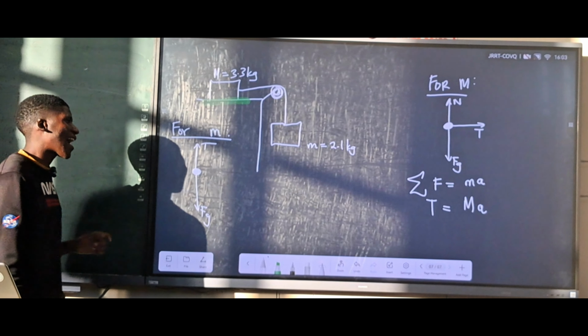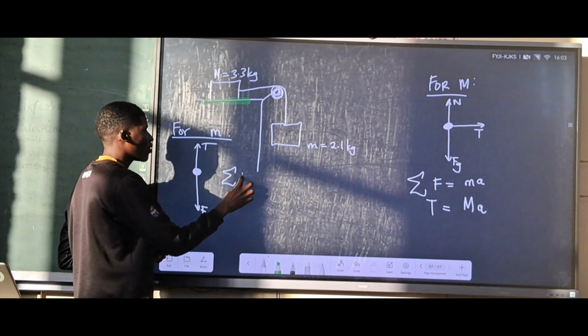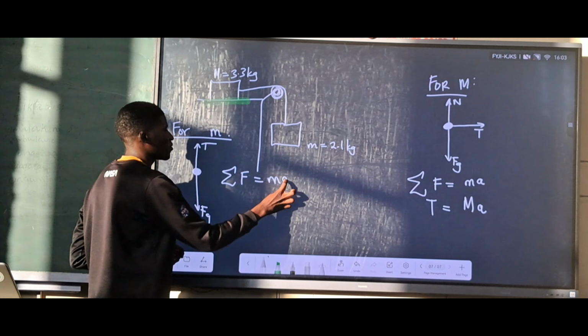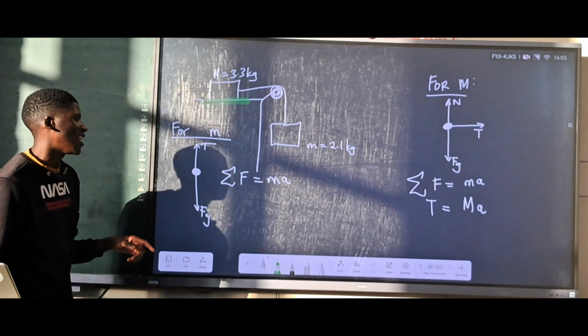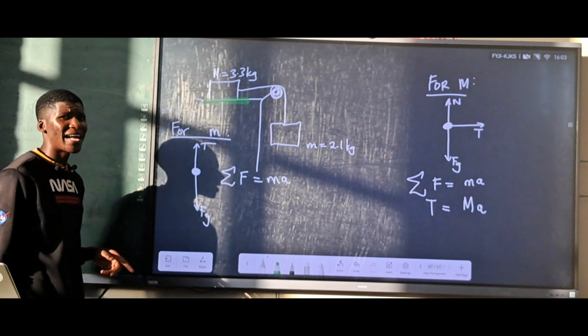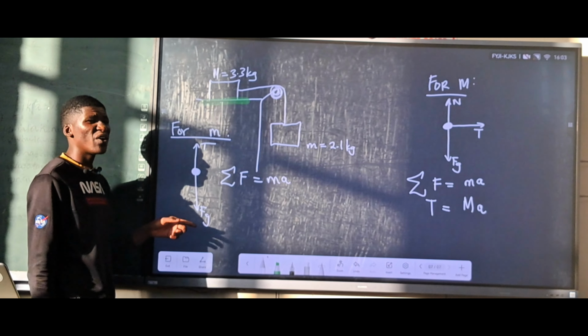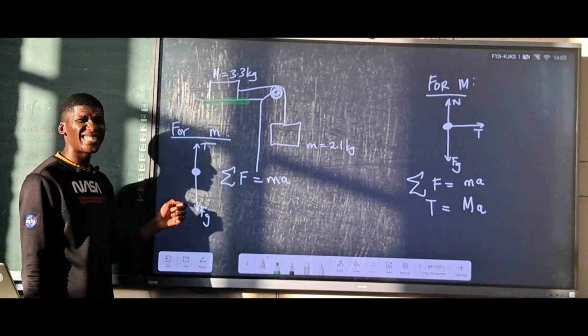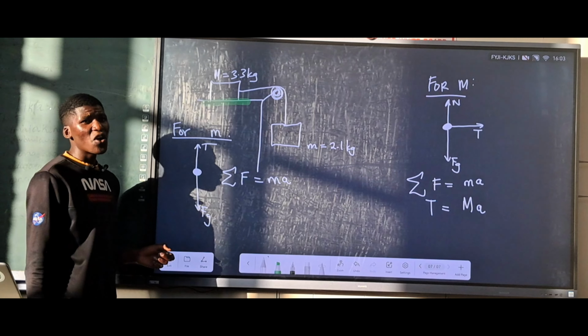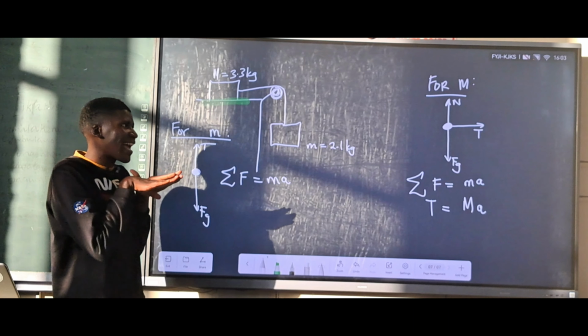And then the other side, if we do Newton's second law again, the sum of the forces equals mass times acceleration. We have 2 forces. So we definitely know which one will be positive: downwards. Because remember, here we say right is positive.